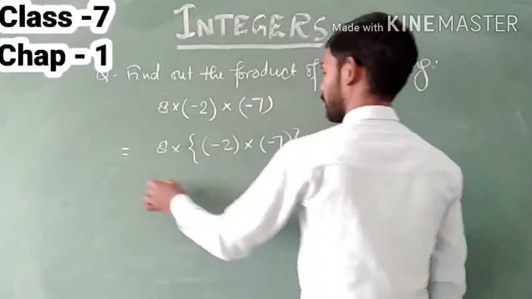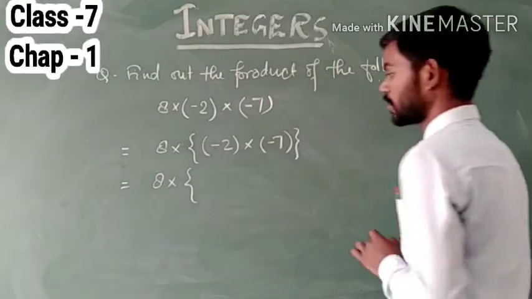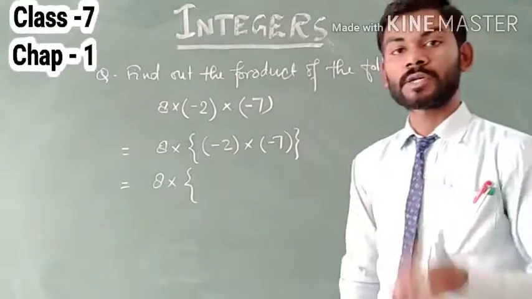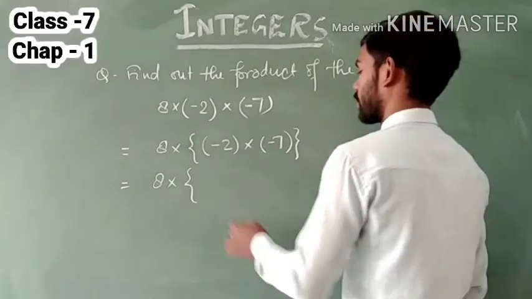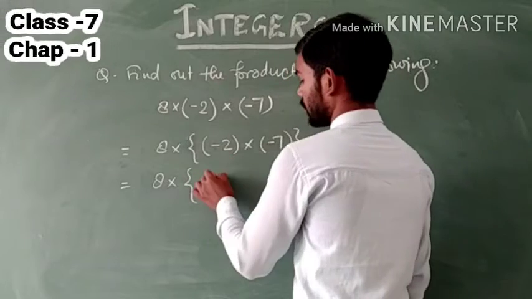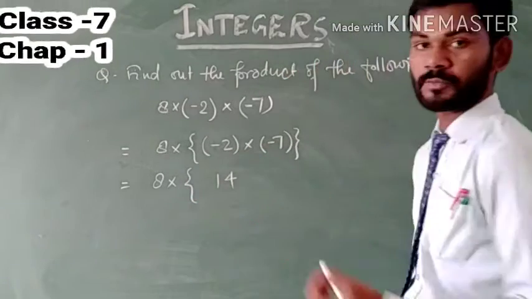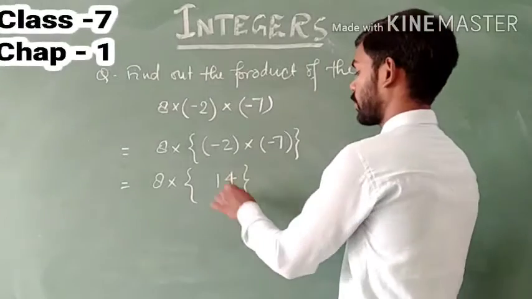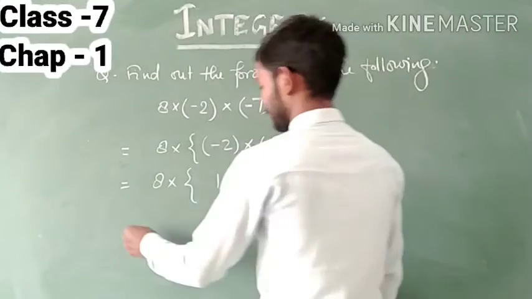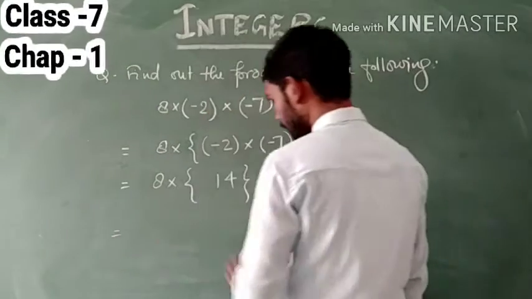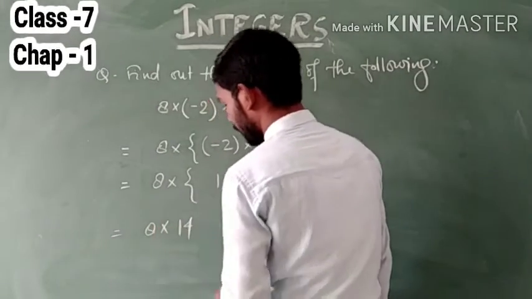Now first of all we shall solve the numbers which are in the bracket. So here we get 2 times 7 is 14, and when minus and minus multiply it becomes positive. So we just write 14, and now this will be equal to 8 multiplied by 14.